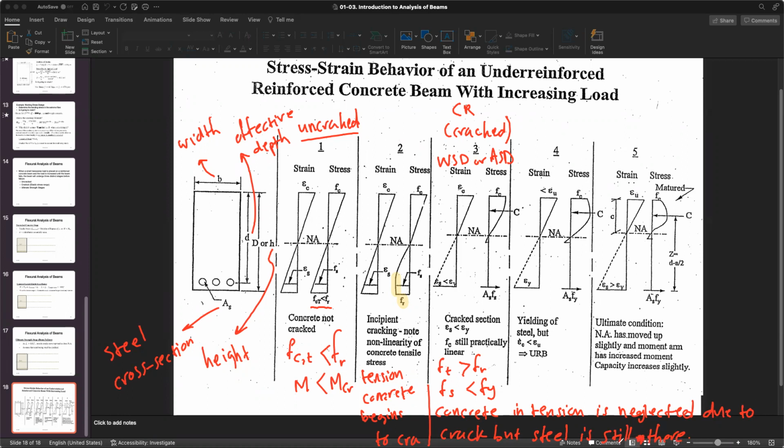This would be your cracked situation, cracked stage, I would say.